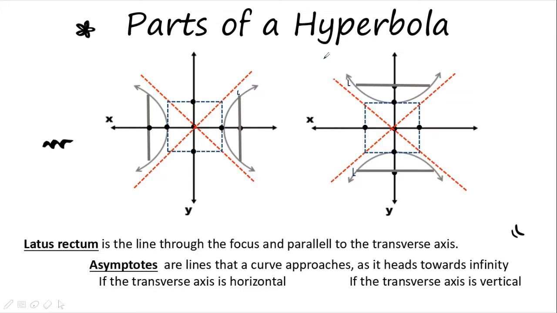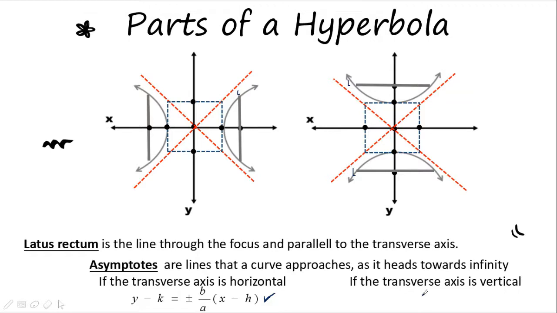We have formulas in finding asymptotes, and we have two. The first one is if our transverse axis is horizontal, our formula in finding the asymptote is this one: y minus k equals positive or negative b over a times x minus h. Don't forget to write this formula; we will use it.